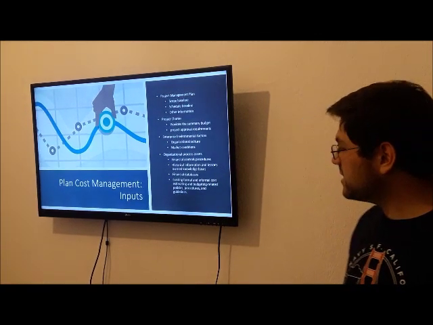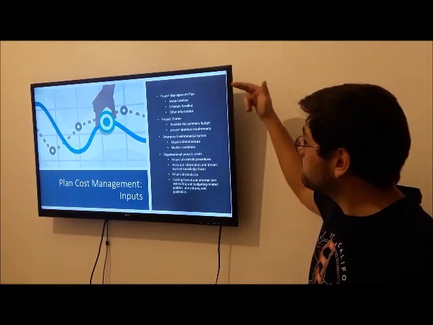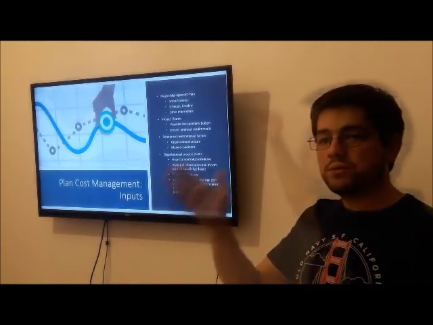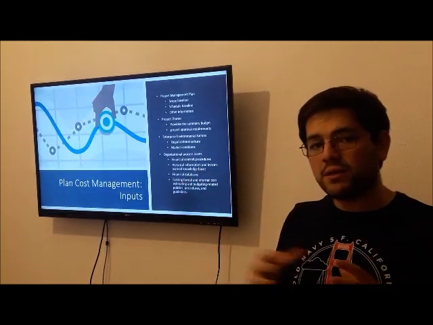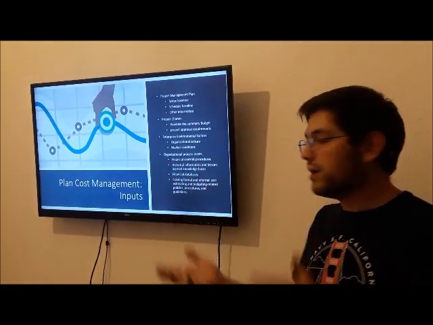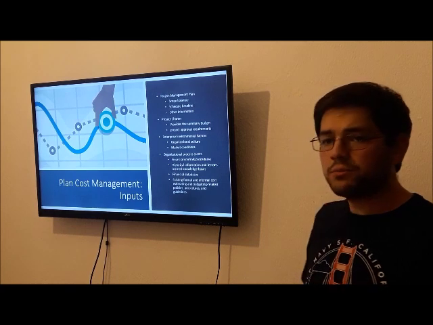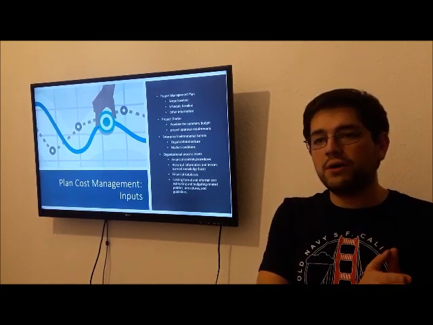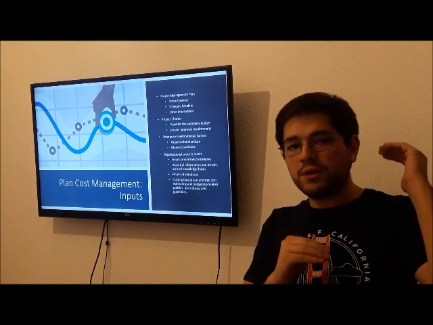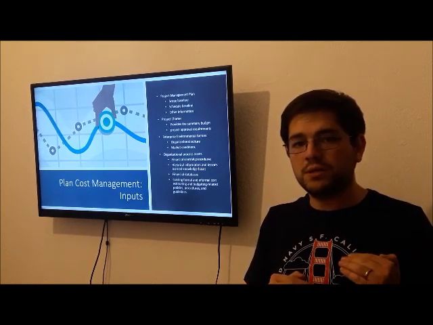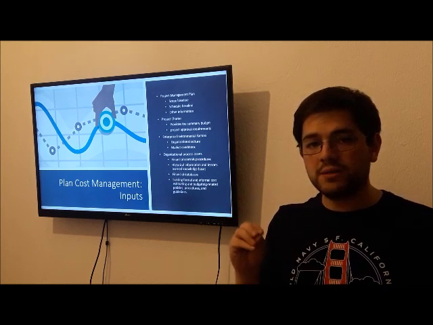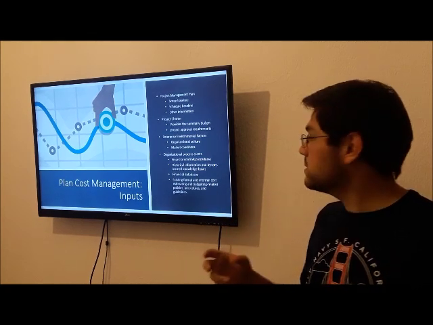For plan cost management, we have the project management plan, like I mentioned already, which is based on the scope. Develop a plan that will get us to our scope, to where we're heading. Schedule baseline: we're going to have to develop a plan to determine every activity that is going to be developed during the project and how much we are going to expend in every one of those activities.